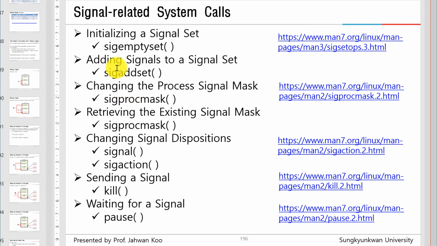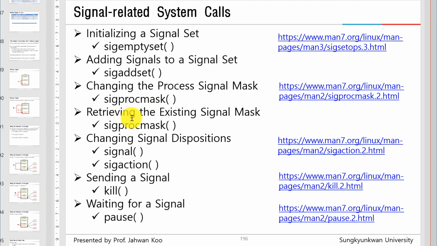There are several signal-related system calls. To initialize a signal set, you can use the sigemptyset system call. To add signals to a signal set, you can use the sigaddset system call. To change the process signal mask, you can use the sigprocmask system call.